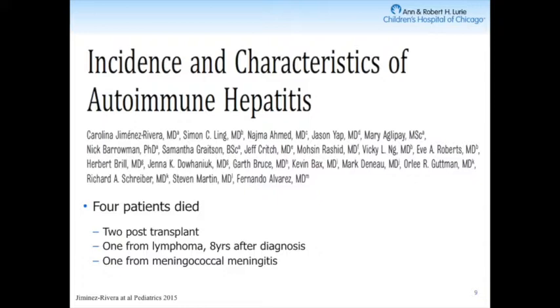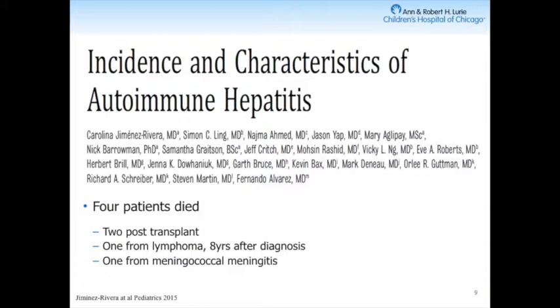So this is a study that came out of Canada that looked at pediatric patients who had autoimmune hepatitis. They had 159 children over a 10-year period in Canada. They calculated an incidence of 0.2, so it's a little bit lower than what's published. The median age was 12 years for type 1 and a little bit younger for type 2.